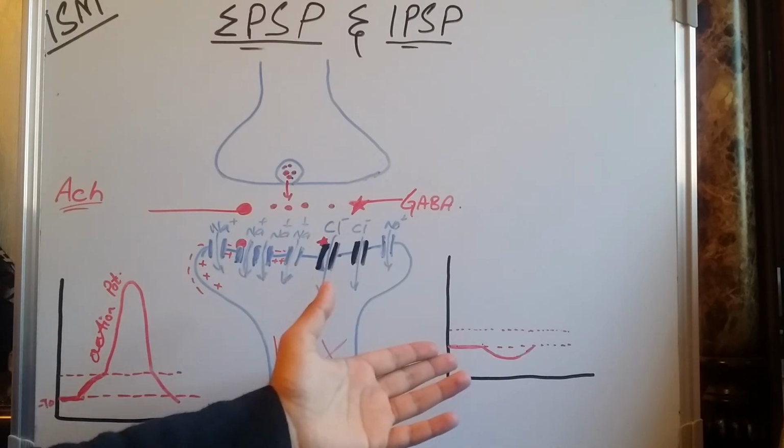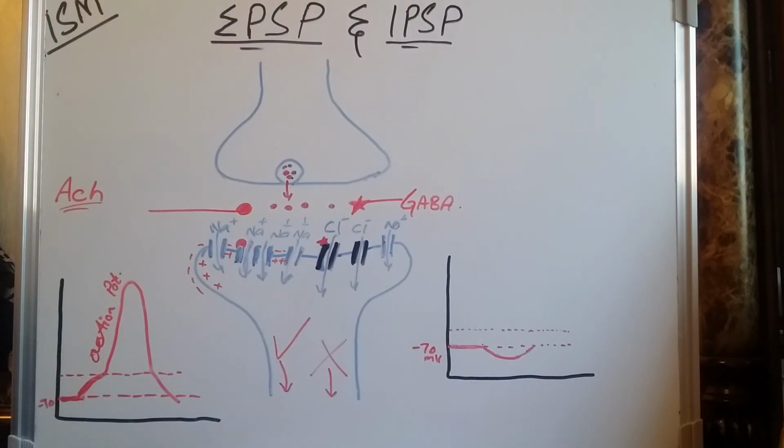So this causes hyperpolarization and carries the resting membrane potential away from the threshold, and it makes the membrane less likely to generate the action potential. GABA inhibits the transmission of impulses, and acetylcholine promotes the transmission of impulses.